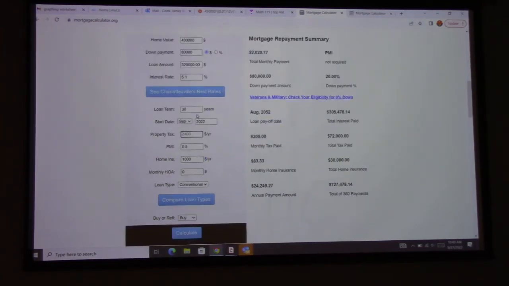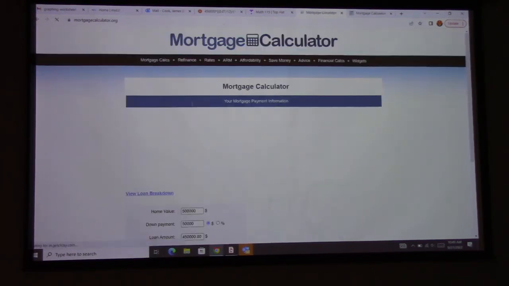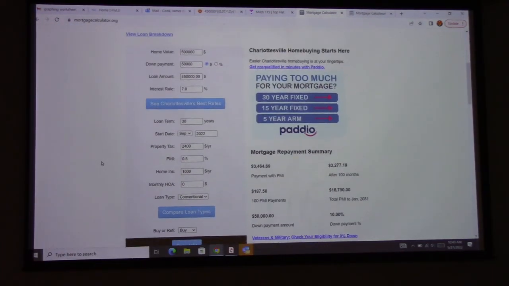Oh, there it goes. So the down payment, what did we say, 50,000 for our example? And our interest rate, what was it, 7% we decided? All right. And I think I had it set for 30 years, right? PMI.